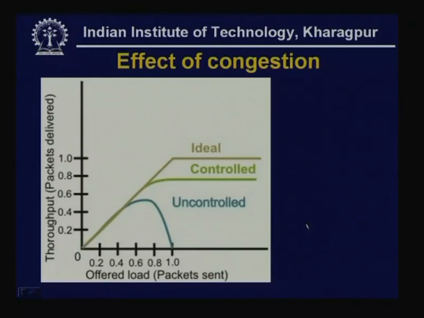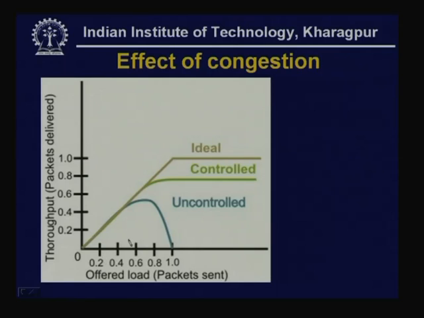And let us see what is the effect of it. So as you can see, this particular greenish curve corresponds to uncontrolled, that means no control measure has been taken for overcoming congestion. In such a situation, initially as the offered load, or the number of packets introduced in the network, increases, all the packets get delivered, that means throughput, which is the packets delivered, follows linearly.